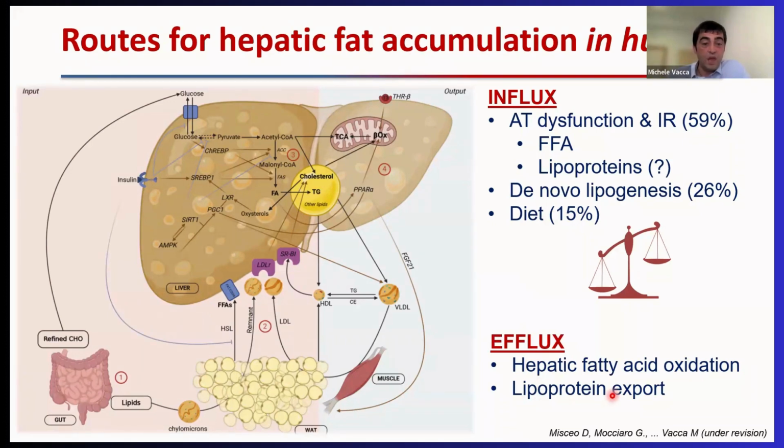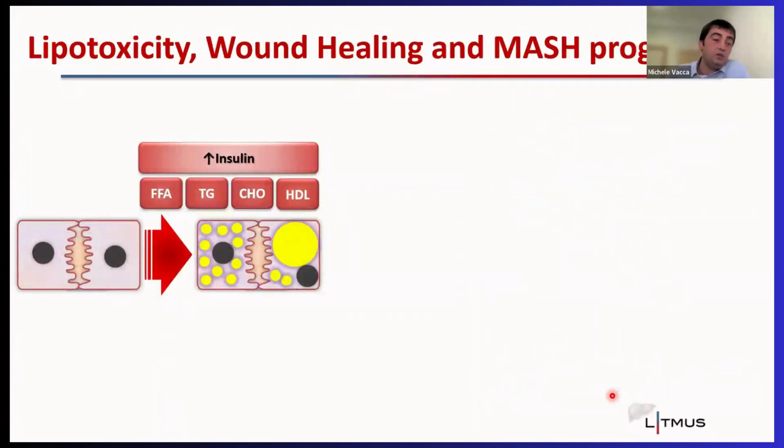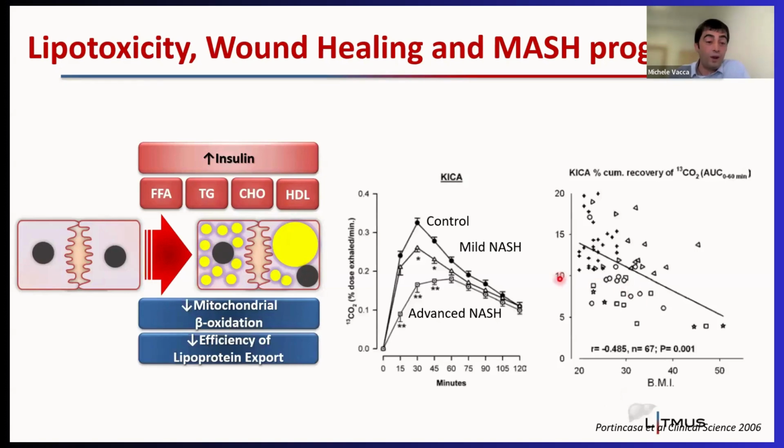However, what happens in the hepatocytes of patients who are insulin resistant, especially when hepatic insulin resistance also develops? Well, we know that mitochondrial beta oxidation and the efficiency of the lipoprotein export go down, and there is a negative correlation with body mass index.